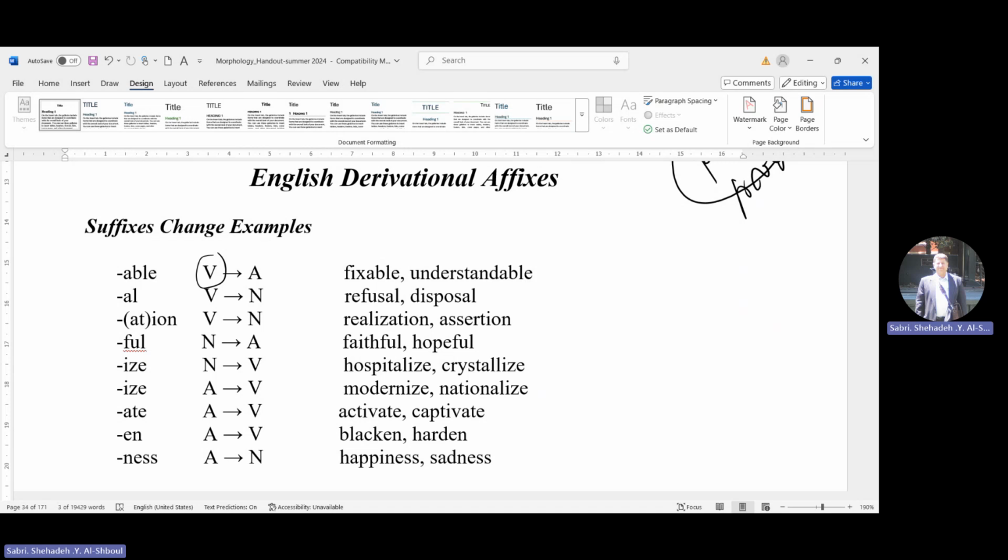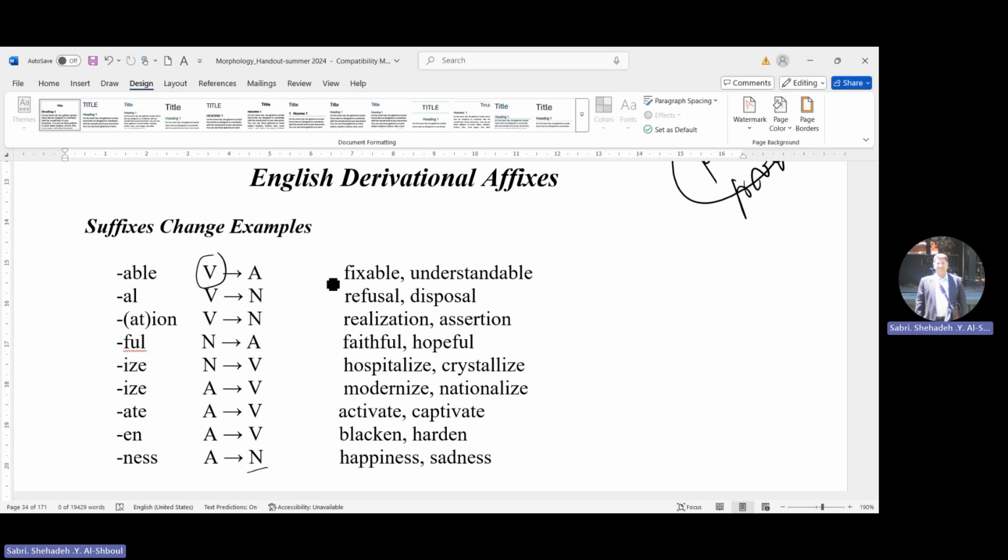Ize also changes not a noun but an adjective, modern into modernize. Ate, active, activate, from adjective into verb. En, black, blacken, hard, harden, from adjective into a verb. Well, finally, we have ness, which converts the adjective into a noun.